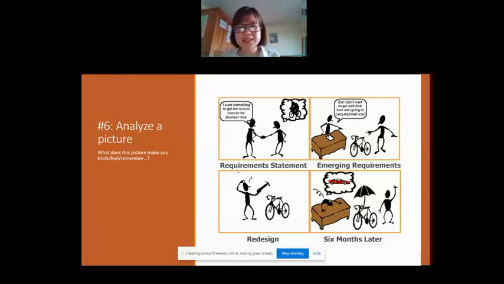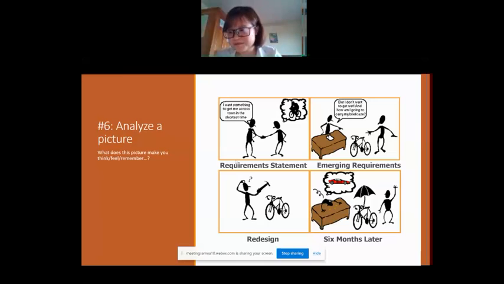For example, the picture that you can see here, when I teach system analysis and design, and I want to raise my students' awareness of the problems or the risks associated with requirement collection, I will show this picture. At first, my purpose was just to describe these four pictures, the misunderstanding between the customer and the developer.